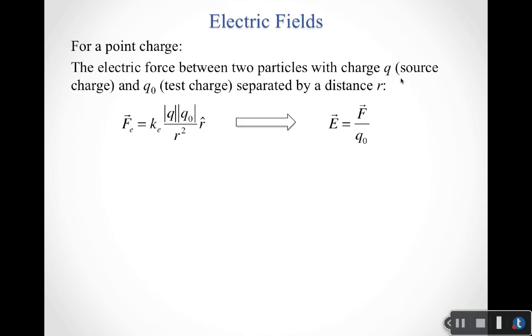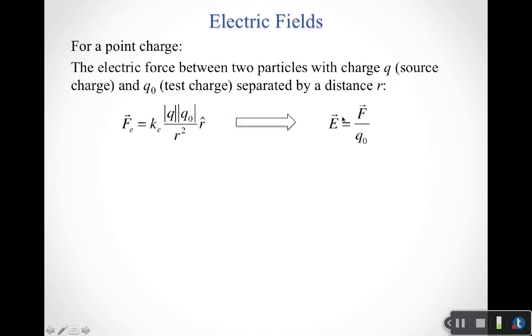So for point charges, we know that the electric force between two particles with charge Q and Q naught, we'll let Q be the source charge, we'll let Q naught be the test charge, that are separated by a distance r, is given by this expression, right? Here's Coulomb's law. And again, we've got the absolute value around our charges because this is just going to tell us about the magnitude, and r hat is going to tell us what we need to do to deal with directions.